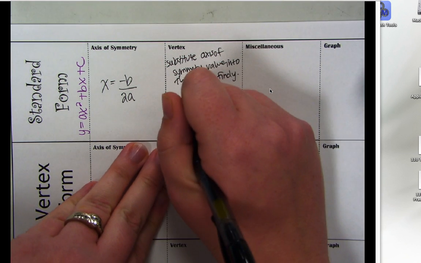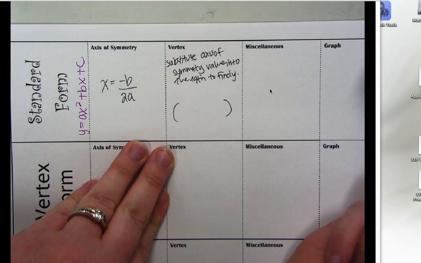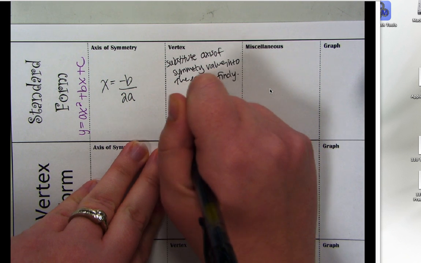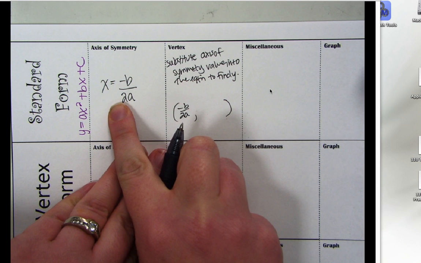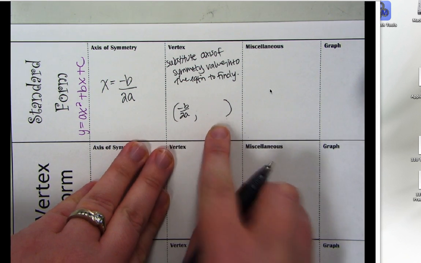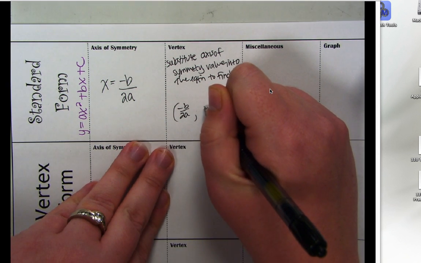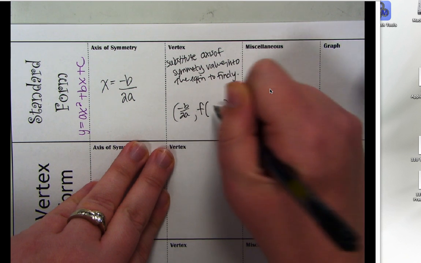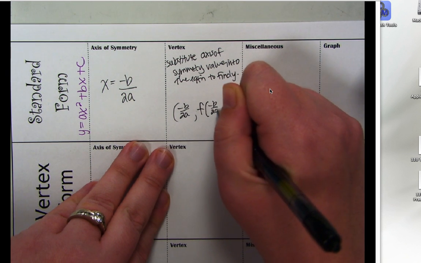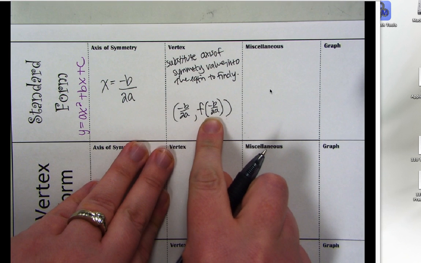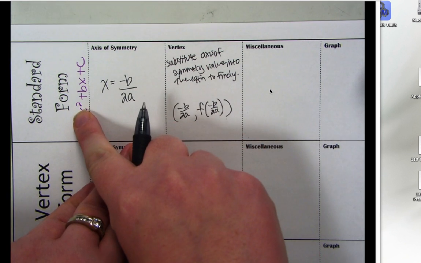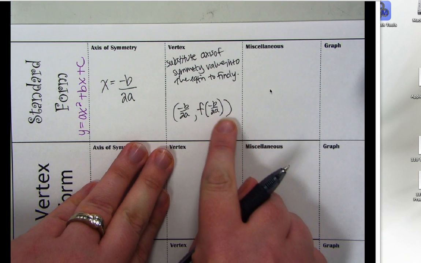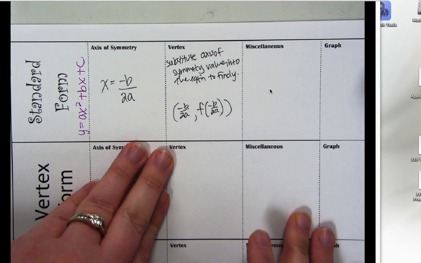We're going to notate that as an ordered pair. The x value is negative b over 2a, so it's just the x value from the axis of symmetry. And then for the y, I'm going to notate it with function notation, f of negative b over 2a. And what that means is we're just going to evaluate the function, this equation, at the value of negative b over 2a.